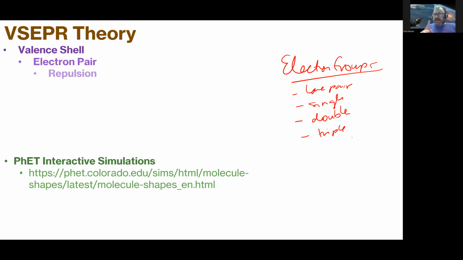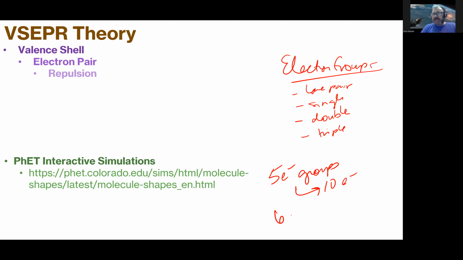And we're going to think about things that have 5 and 6 electron groups, which means by necessity, all of the central atoms of this are going to be violating the octet rule, and they're going to have more than 8 valence electrons. Because if we have 5 electron groups, then that's going to be 10 electrons.